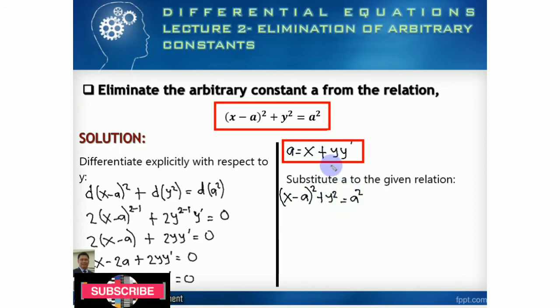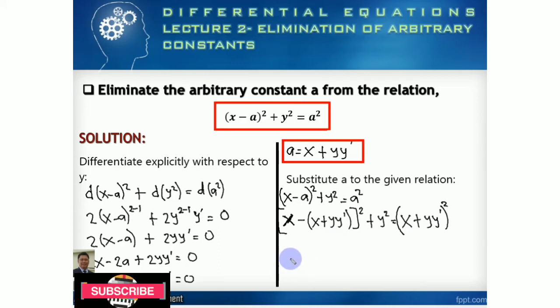We are going to substitute a here, so this would become (x minus (x plus y y prime)) raised to the power of 2, plus y squared is equal to, our a now is this one, (x plus y y prime) raised to the power of 2, okay.